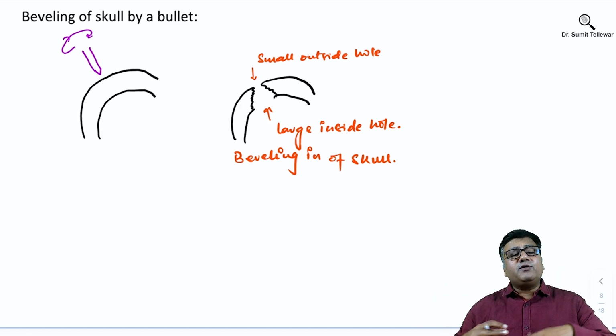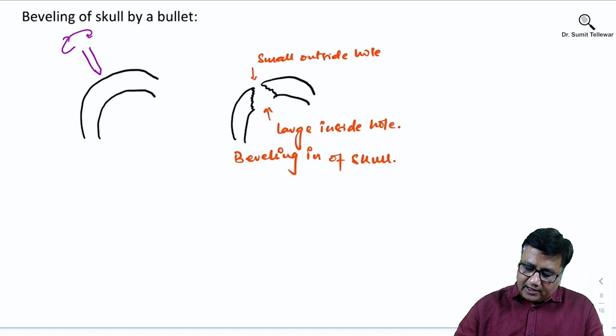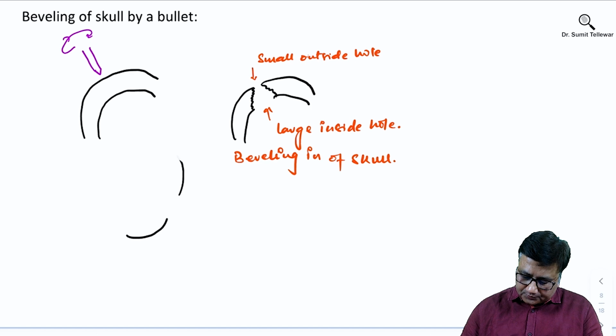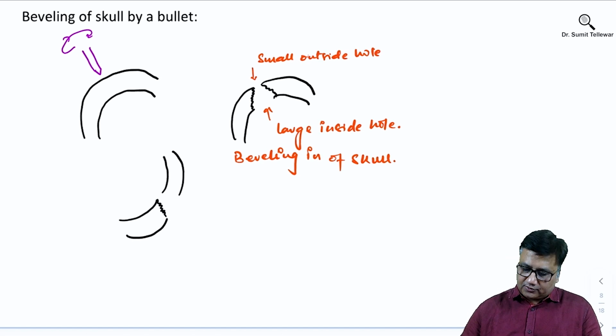So if you see that phenomenon, it will look something like this. So let's say this is the curvature now, right? So this inner hole is small, outer hole is large.